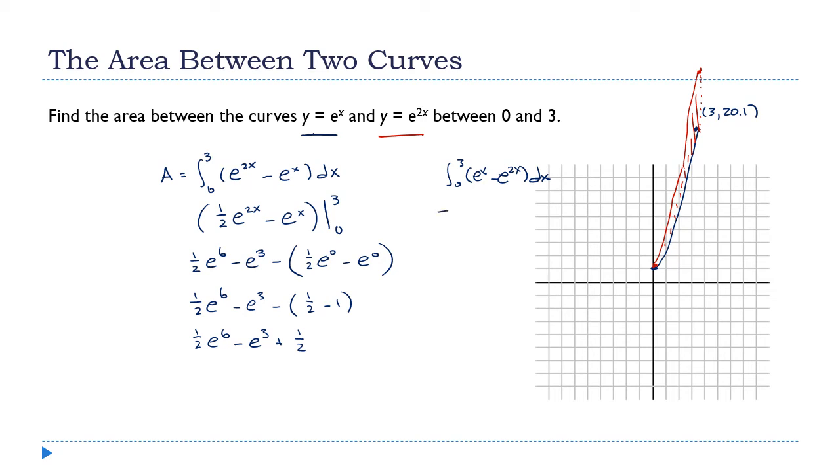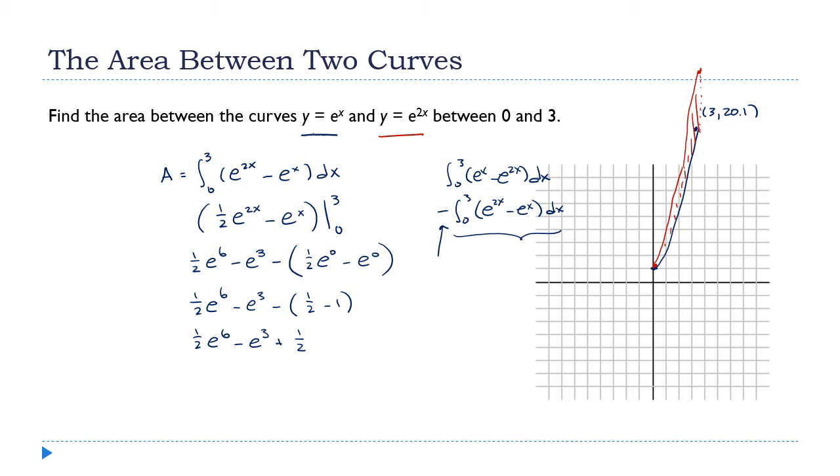This becomes minus the integral from 0 to 3 of e to the 2x minus e to the x dx. This is the one I just did, right? So all that would have happened would have been my sign would have been wrong. It would have come out negative instead of positive. So just kind of be on the lookout for that.